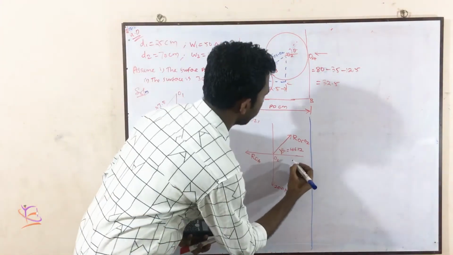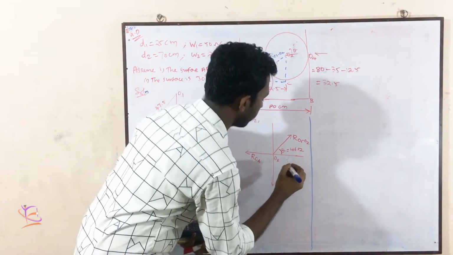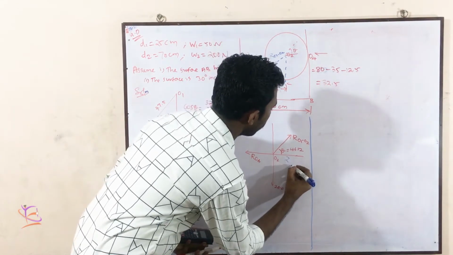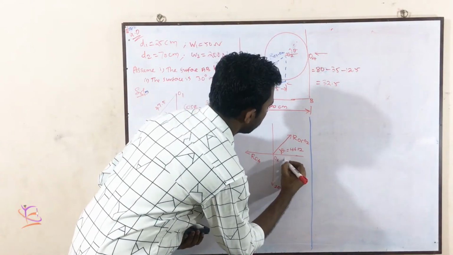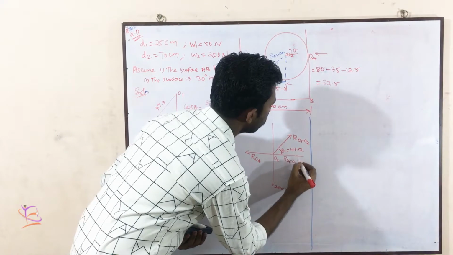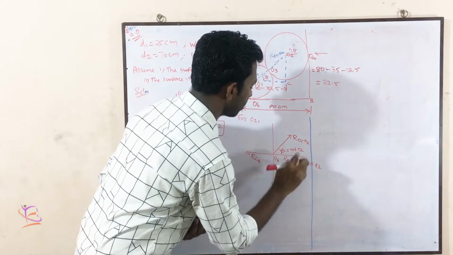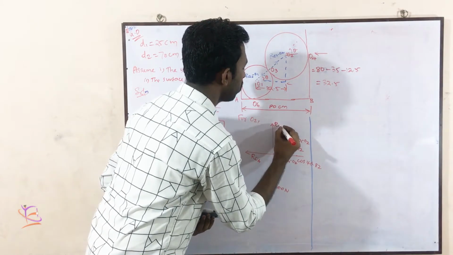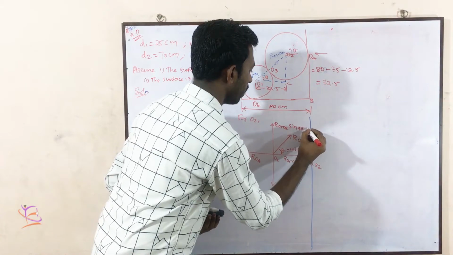This is an inclined force, and you are converting to horizontal and vertical: R O1 O2 cos 46.82. This is just a reaction. Here R O1 O2 sin 46.82.